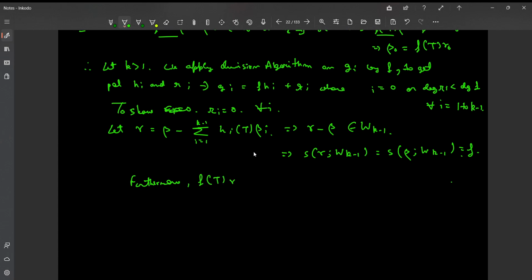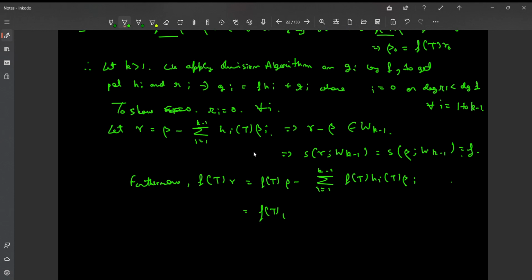Observe, what is f(T) of gamma? By definition of gamma, f(T) gamma is f(T) beta minus the summation over i equals 1 to k minus 1 of f(T) h_i(T) beta_i. But f(T) h_i(T) can be written as g_i(T) minus r_i(T), because g_i was written as f h_i plus r_i.